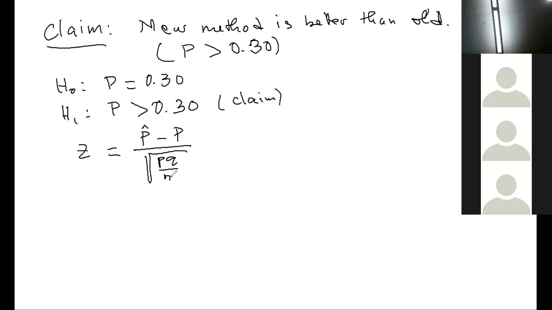Now we will go back to the problem to get the information that will help us find P hat. But if you're using a calculator, you just need to know it.